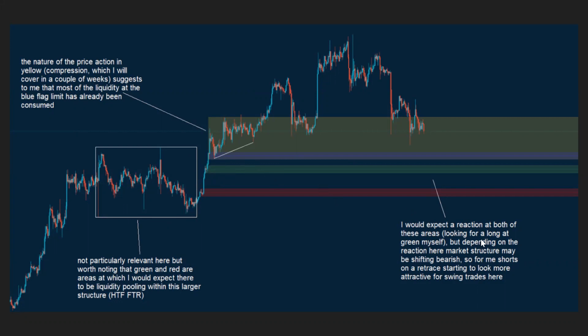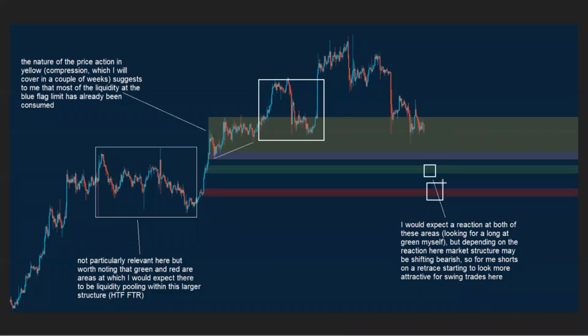Okay. And I just noted that, as I explained, when price breaks down through this structure, to me that suggests that, although you're likely to get reactions at these areas, for me, shorts on a retrace look more attractive for swing trades because you've got more room to run price down.